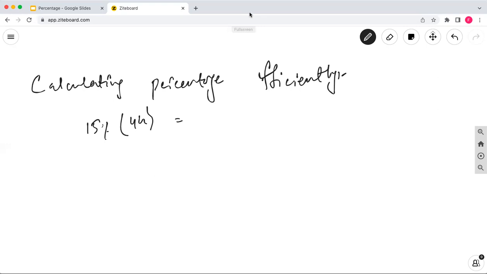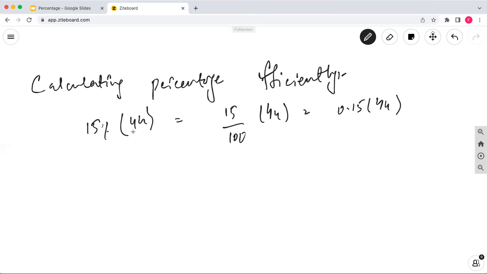What do you think is a quick way to solve this? Instead of doing 0.15 into 44, whenever you see such a question, just try to convert that into 10% and 1% first.